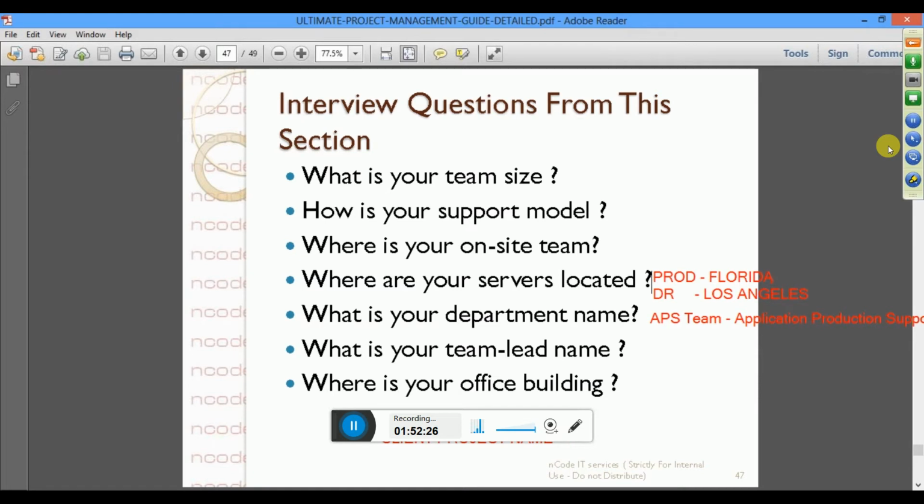So for the client project name, you put something like production support, or let's say EBS, enterprise business support. Just say your client project name is EBS team.